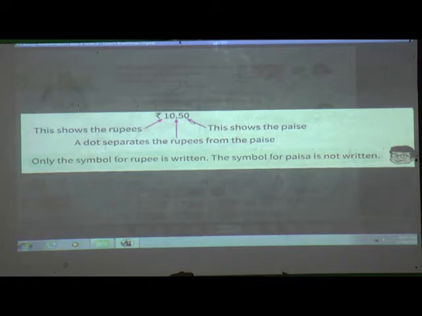This dot tells us that after the dot, whatever number is there means paise. So no need to write the symbol for paisa again.